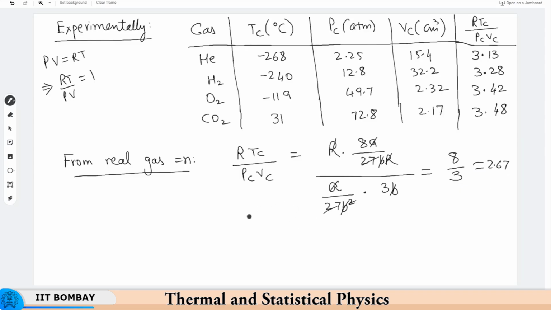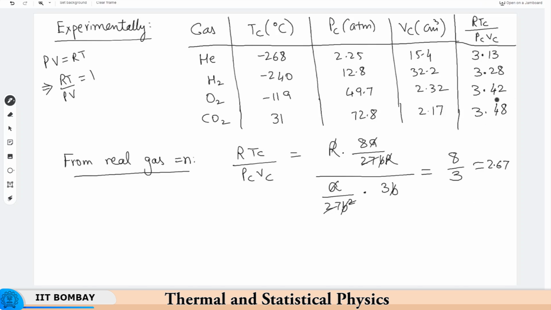So therefore, with all these approximations, like the corrections that we have done to the ideal gas equation, from the real gas or van der Waals equation of state, we expect this ratio to always be equal to 2.67 for all the gases, right? And we can already see that this is not such a bad answer.